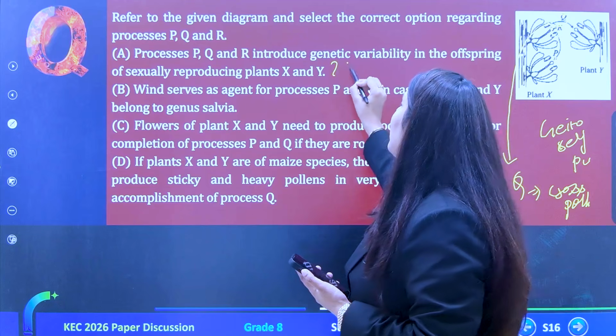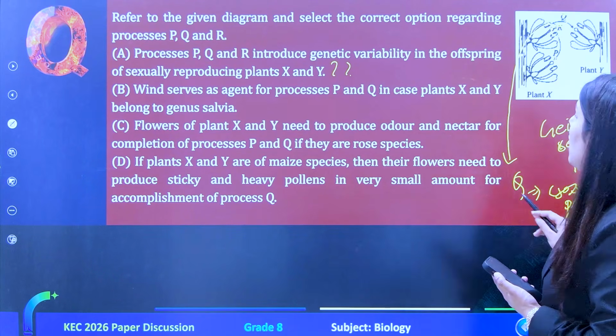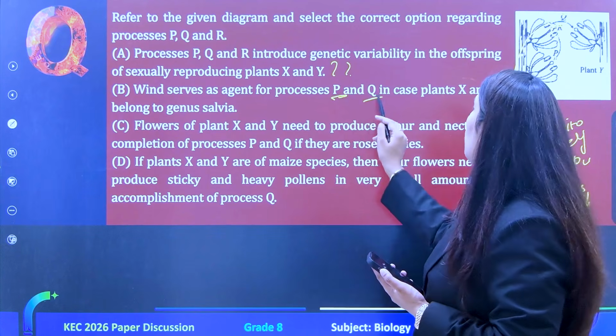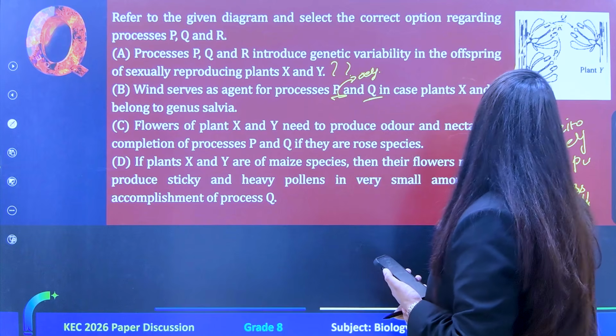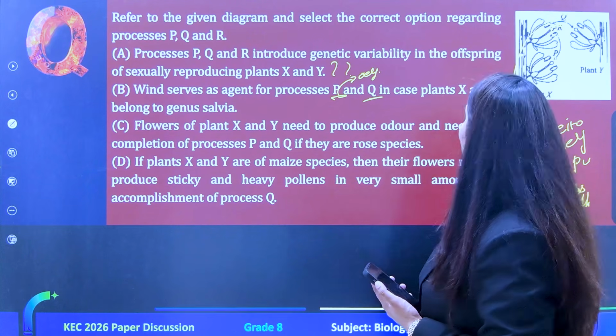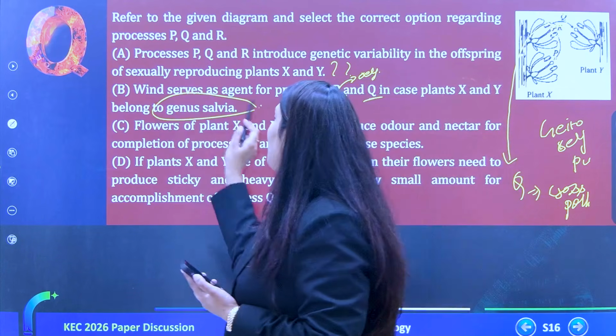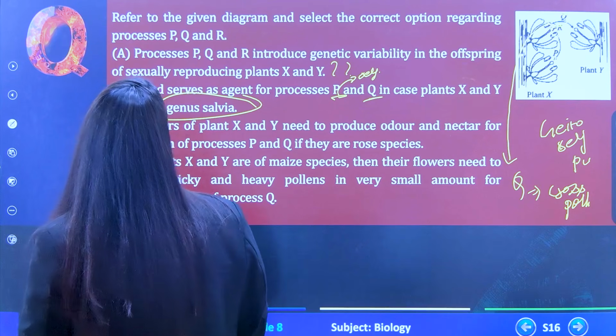So I think this is not right. Wind serves as an agent for pollination for processes in P and Q, but P was self-pollination. P was self-pollination, right? But from one plant to another. Okay. X and Y belong to genus Salvia. Okay. Then the next option.